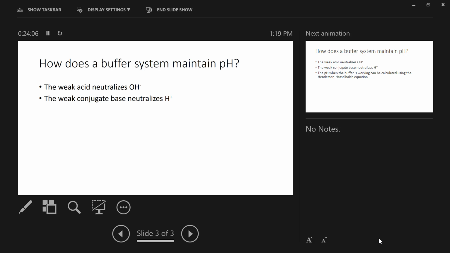Well, our conjugate base is going to eat up those extra hydrogen ions. Now, here's where it gets a little weird, because we can't just shift the formula in that direction to recruit this.